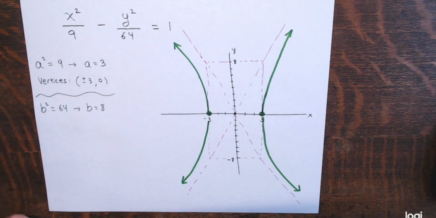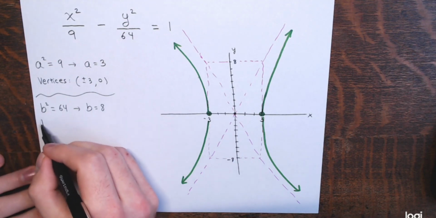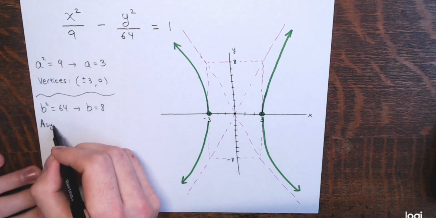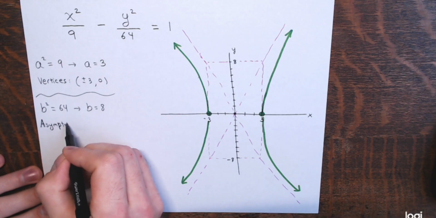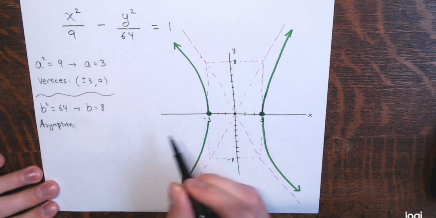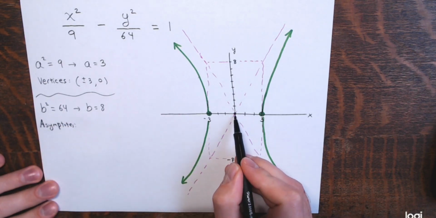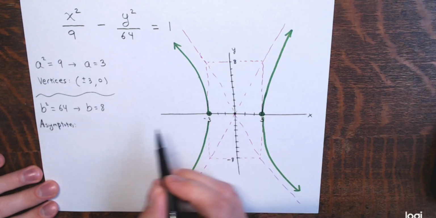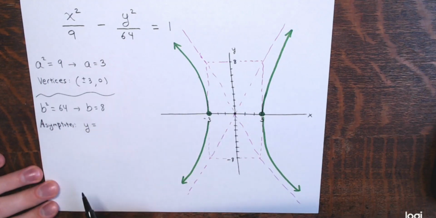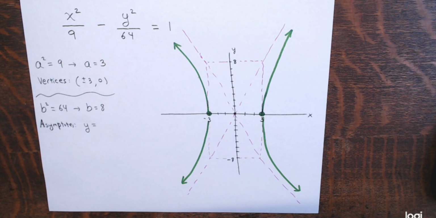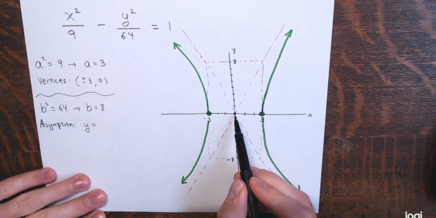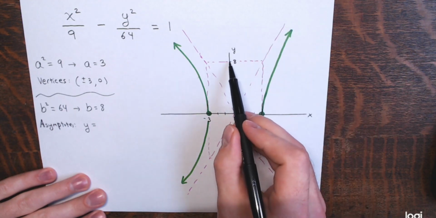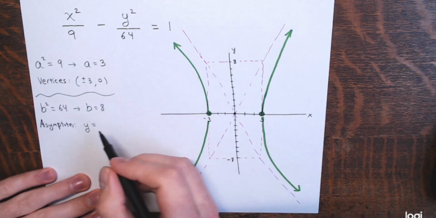Now the asymptotes, now that I have them drawn in, I can tell you what they are pretty easily. They both have the origin as the y-intercept, so it's just going to be y equals mx plus 0. And the slope of the line going up and to the right is rise 8, run 3, so 8 thirds.